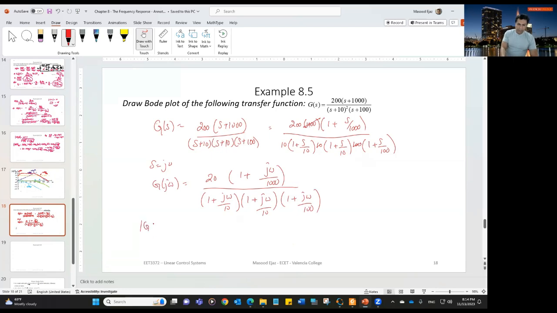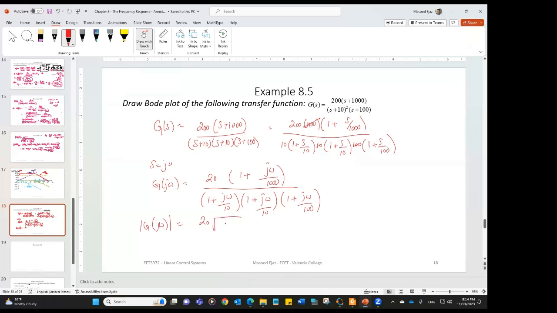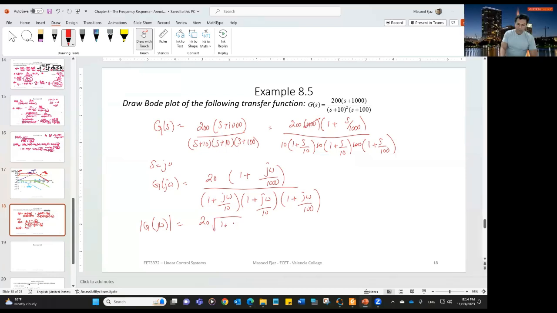Magnitude. What will be the magnitude expression of this? 20. Who's going to tell me? Square root of 1 squared. Yeah, 1 squared is just 1. Just say 1.